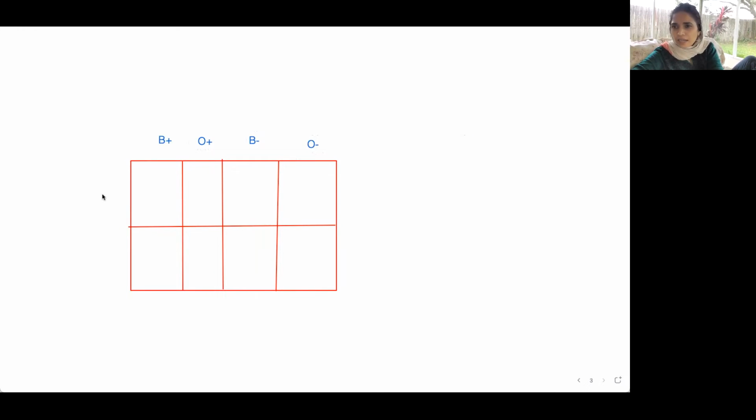Okay, and did I say the other parent is O positive? Yes. So for O positive parent, it is O plus is one gamete. Other gamete is O negative.